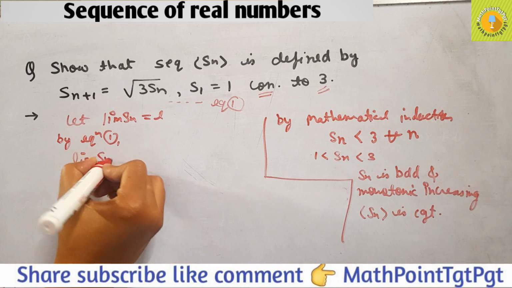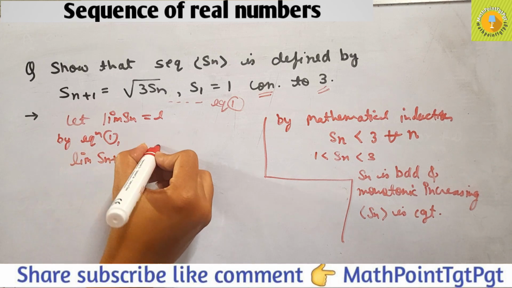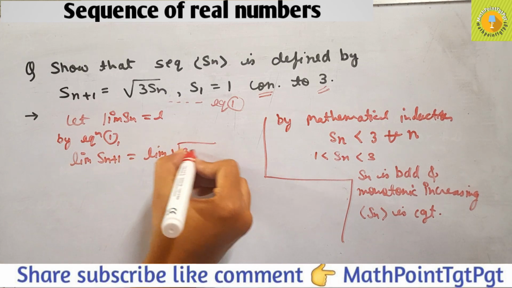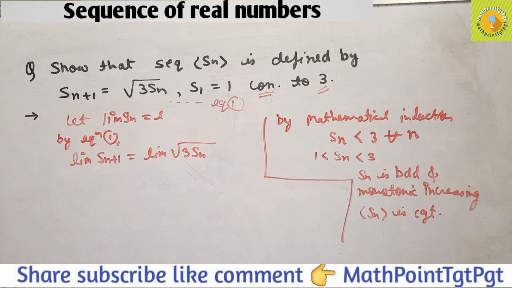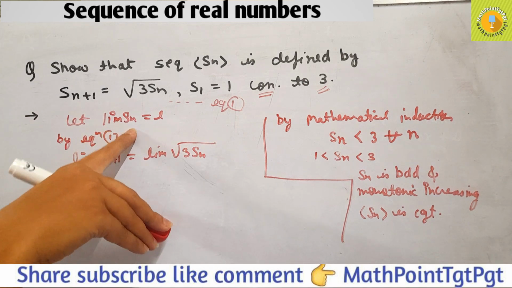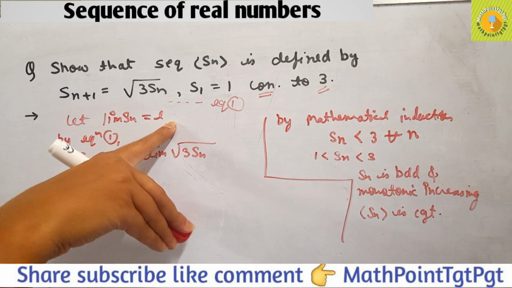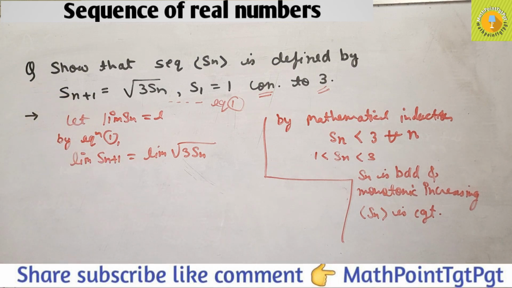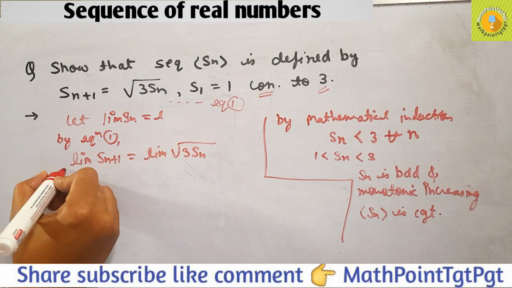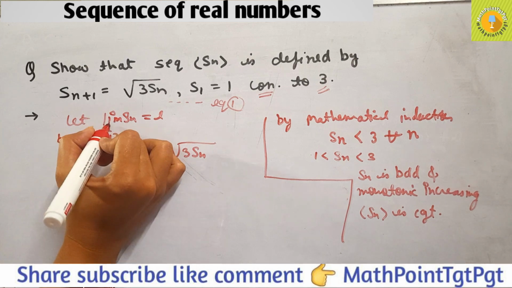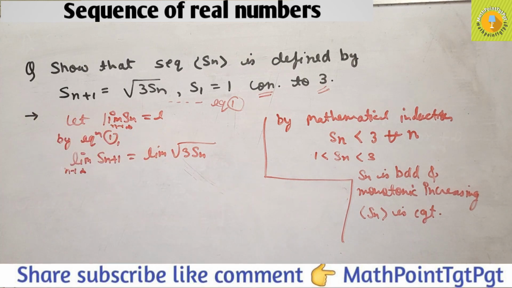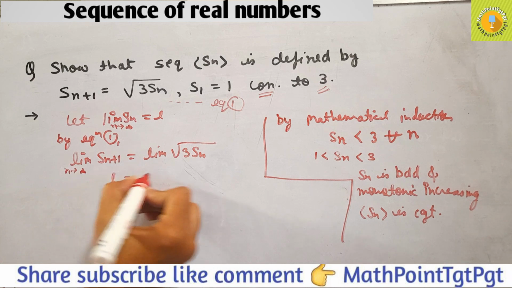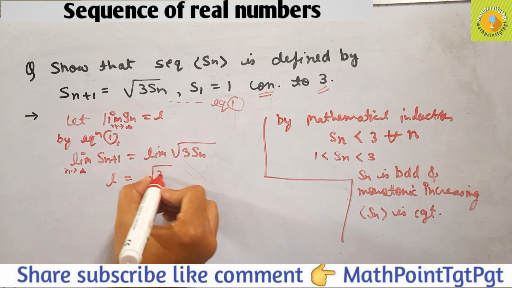So the limit of Sn+1 is equal to the limit of root of 3Sn. If the limit of Sn is L, in the same way the limit of Sn+1 is also L. Putting this limit we get L equals root of 3L.